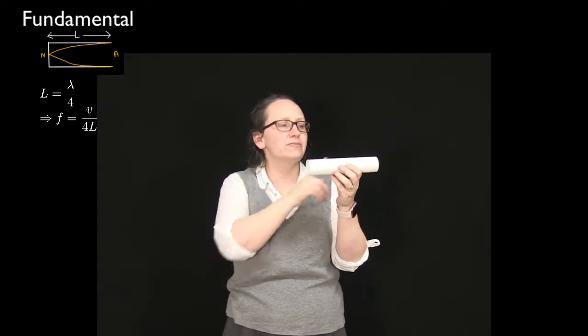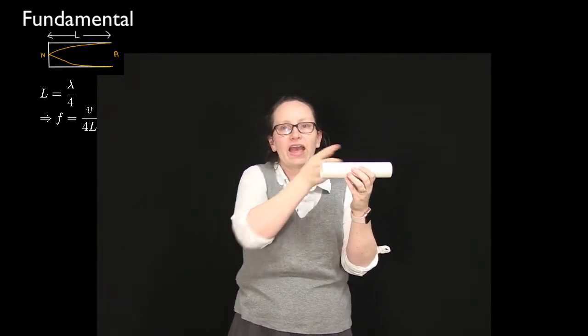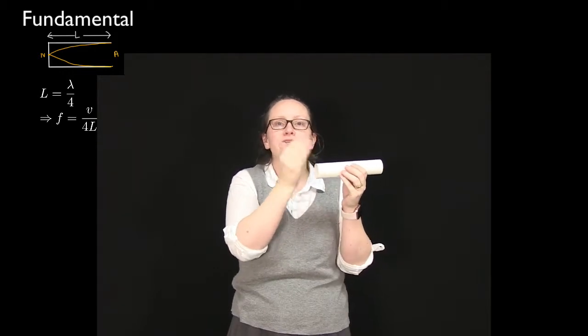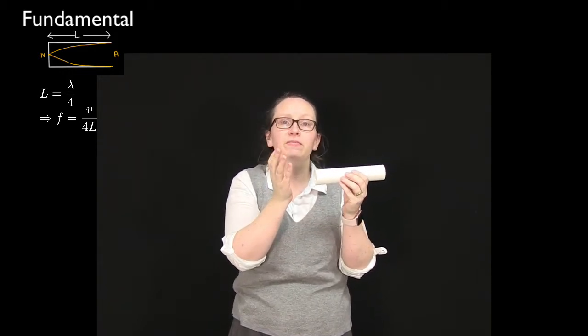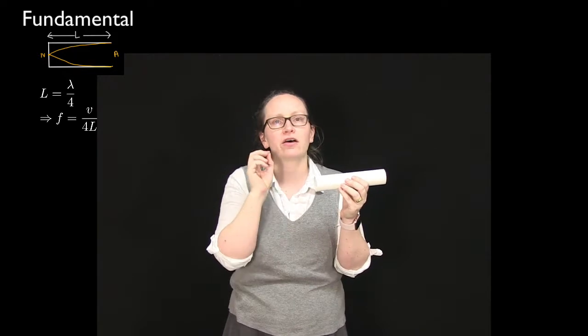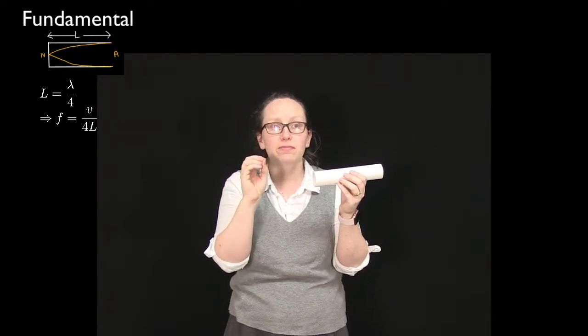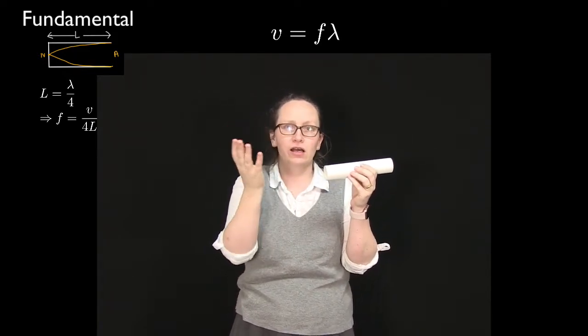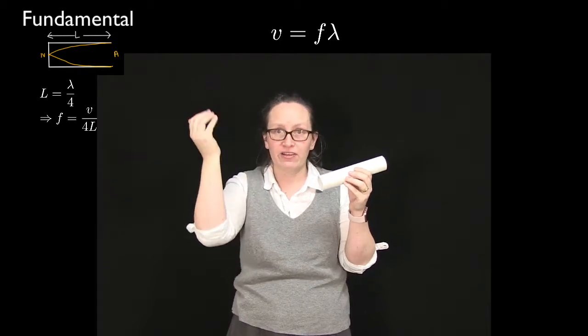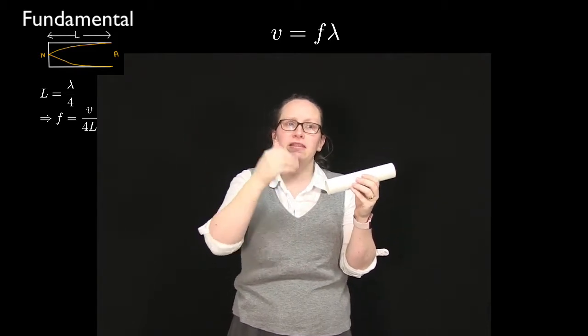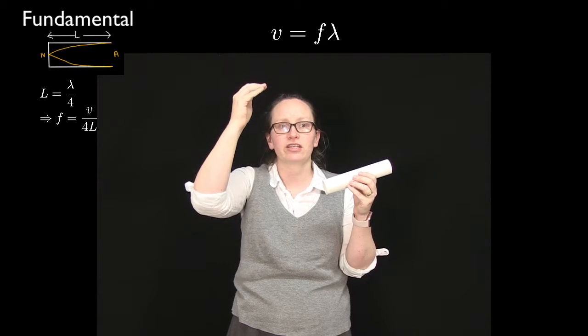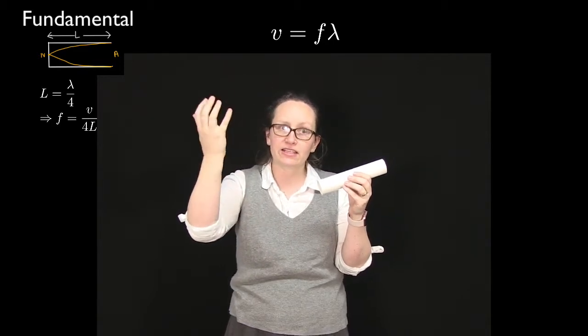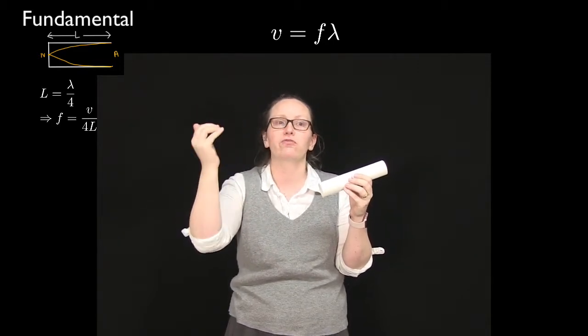So in this case, we're letting the pipe have length L, and L is equal to a quarter of a wavelength. And so we can work out the fundamental frequency of this pipe. If we use our equation for a wave, v equals f lambda, that comes up a lot, we can write that the frequency is equal to the velocity over the wavelength, and in this case, the wavelength is equal to 4L.